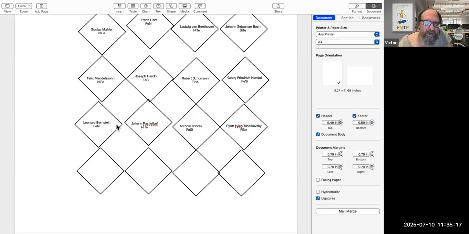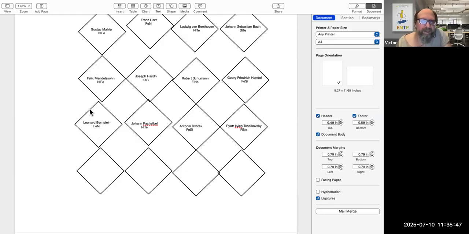So Leonard Bernstein, the F refers to the feeling, extroverted feeling with the E. So he's got the extroverted feeling function, and I put it first to indicate it's in the first position, and introverted intuition for the auxiliary or second position.